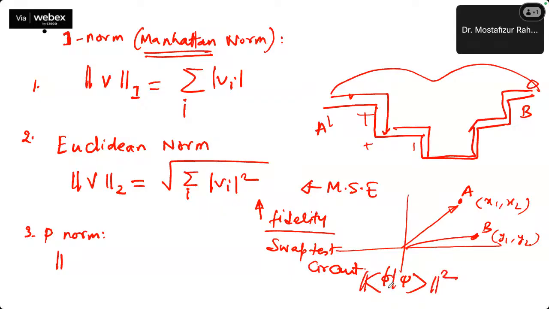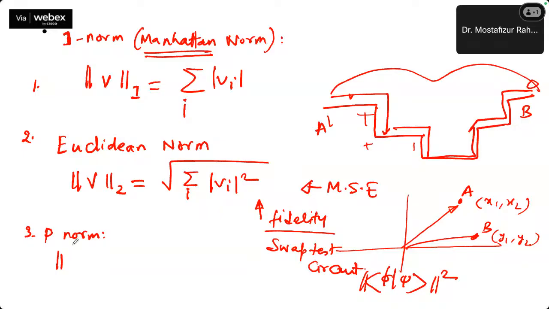So this is basically a two norm, the Euclidean norm, of two quantum states phi and psi. Similarly, you have the diamond norm and other Schatten norms. The diamond norm is one type of one norm that is exhaustively used in quantum literature.